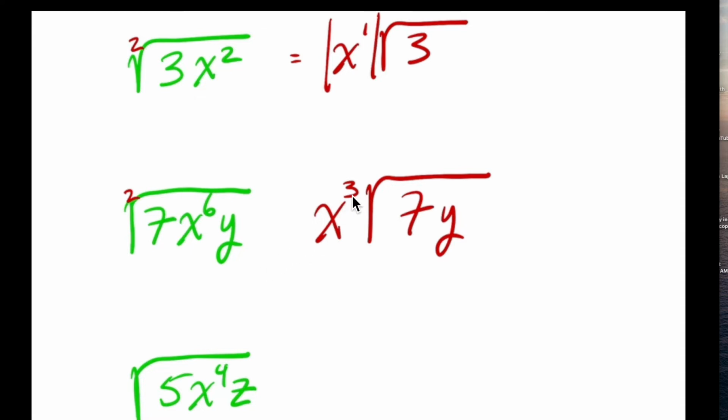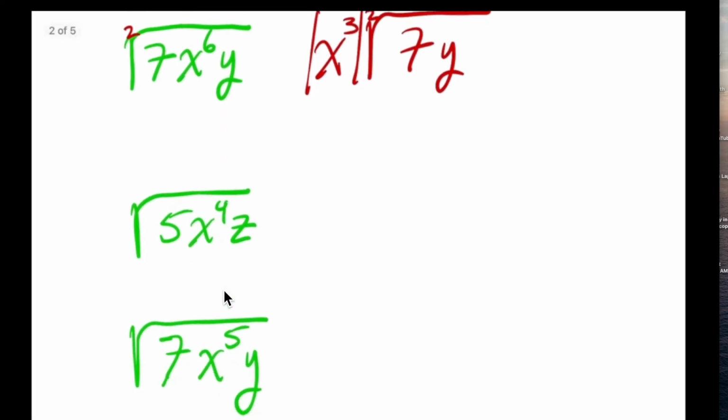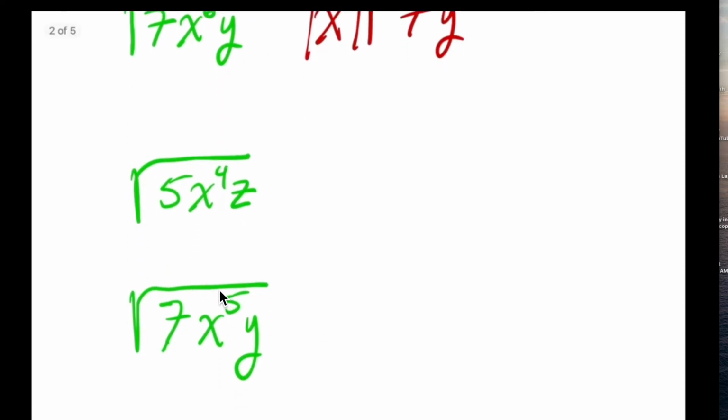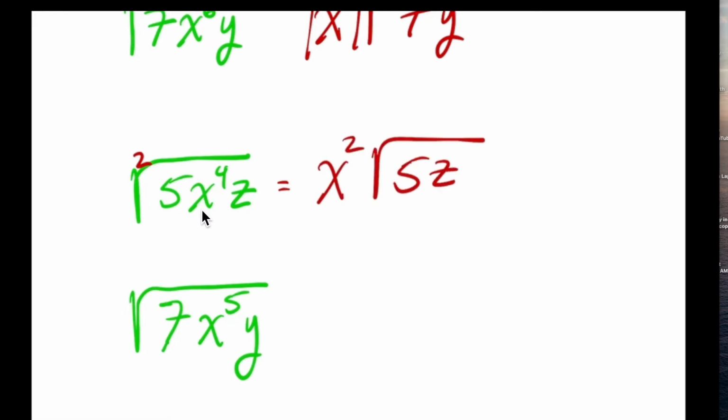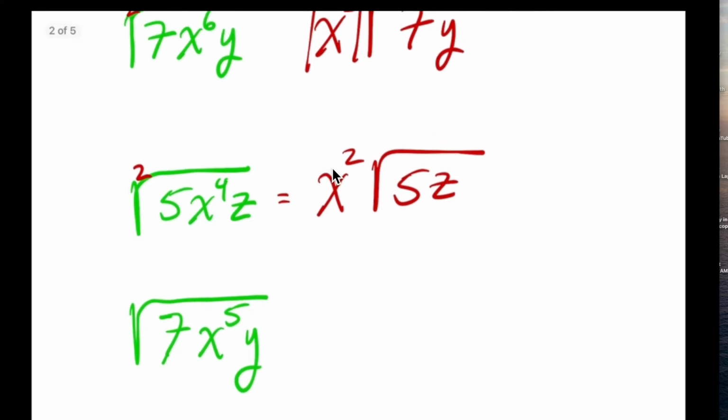Because we ended up with an odd exponent and we started with this variable being inside an even radical, we have to use the absolute value sign. Let's do a couple more. Here, we're going to pull out this x to the fourth. 2 goes into 4 twice, no remainder. We have an x squared on the outside, 5z remaining, no need for an absolute value.